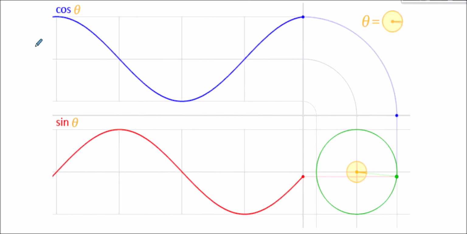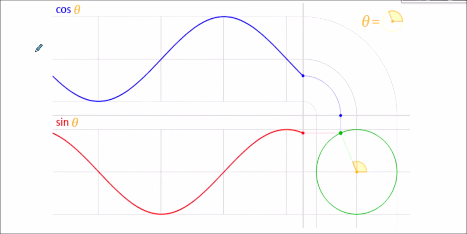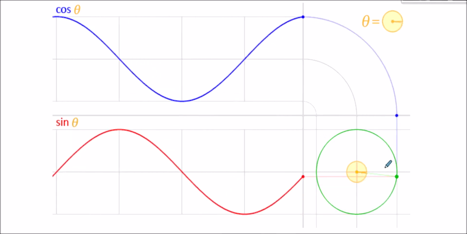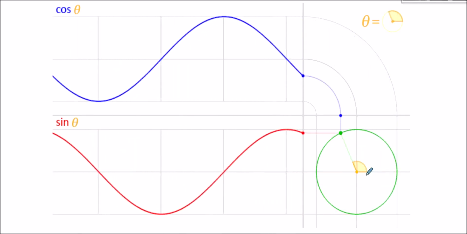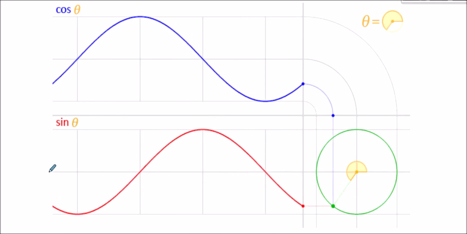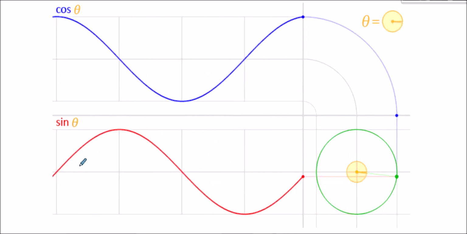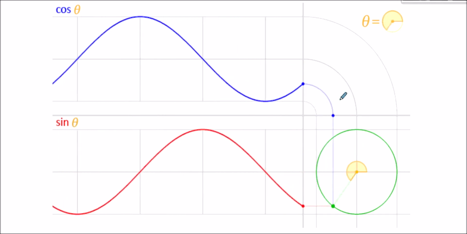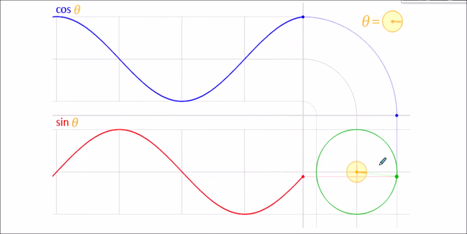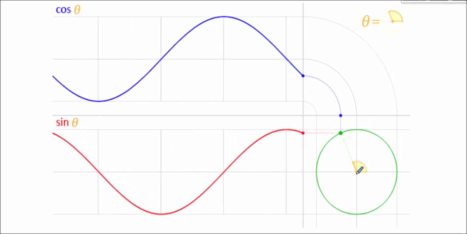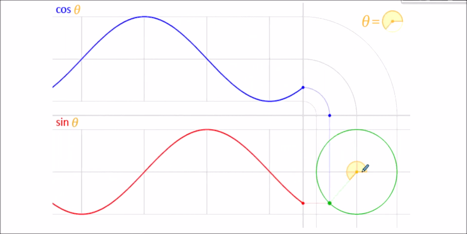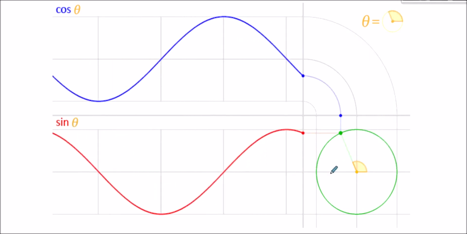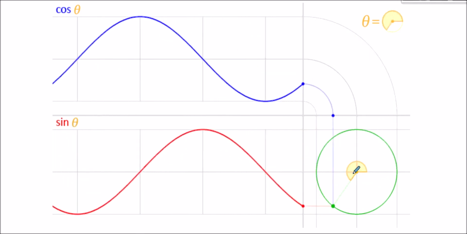So this diagram might make your head spin. There's a lot going on here, but you can see that as this angle sweeps out, the x-coordinate of this angle relates to sine theta, where this line here is 0, above is positive, below is negative, and this blue line here, as this angle sweeps out wider and wider, relates to the cosine of this orange angle, as it alternates from 0 through to 360, and then on and on.